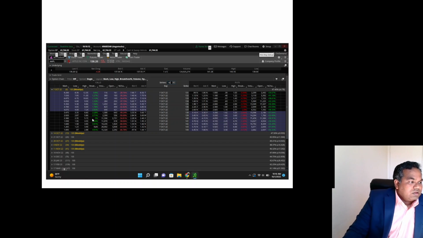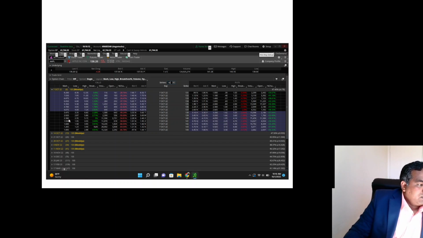Let's say you buy a contract on Monday, when the market starts, and Apple moves 1%. Now the contract price will definitely change, because the distance to reach 140 is now 2%.